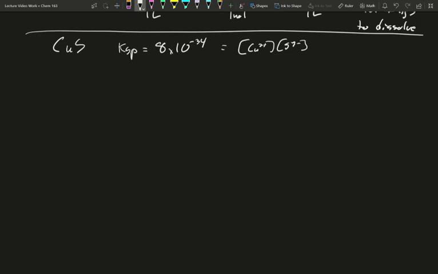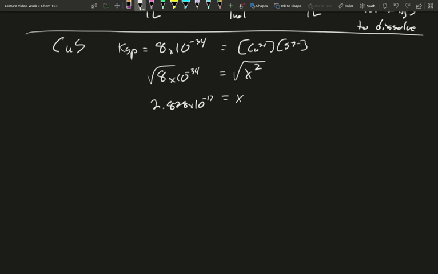First power for both of them, there's one of each in the formula, so this is going to be x squared again: x for each of the concentrations, so x times x. 8 times 10 to the negative 34 must equal x squared. Take the square root, and x is going to equal 2.828 times 10 to the minus 17. So very low concentration as well: 10 to the minus 17 molar is what the ions will be.